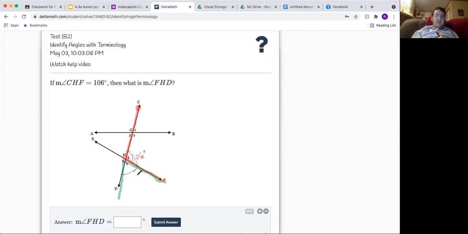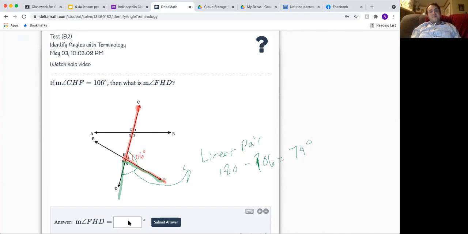We could just take 180 minus our angle, or 106. That gets us our angle, so that would be 74 degrees. And I'm just going to enter that in.